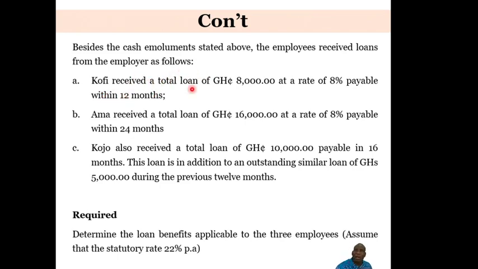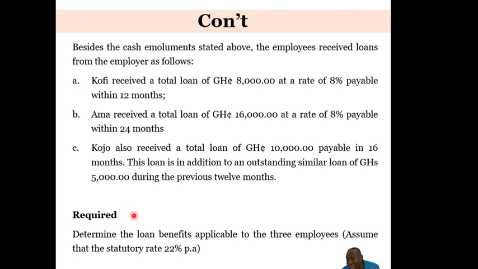Kofi received a total loan of 8,000 at the rate of 8% payable within 12 months. Amma received a loan of 16,000 at the rate of 8% payable within 24 months. Kojo also received a total loan of 10,000 payable in 16 months. This loan is in addition to an outstanding similar loan of 5,000 during the previous 12 months. Required: determine the loan benefit applicable to the 3 employees, assume a statutory rate of 22%.